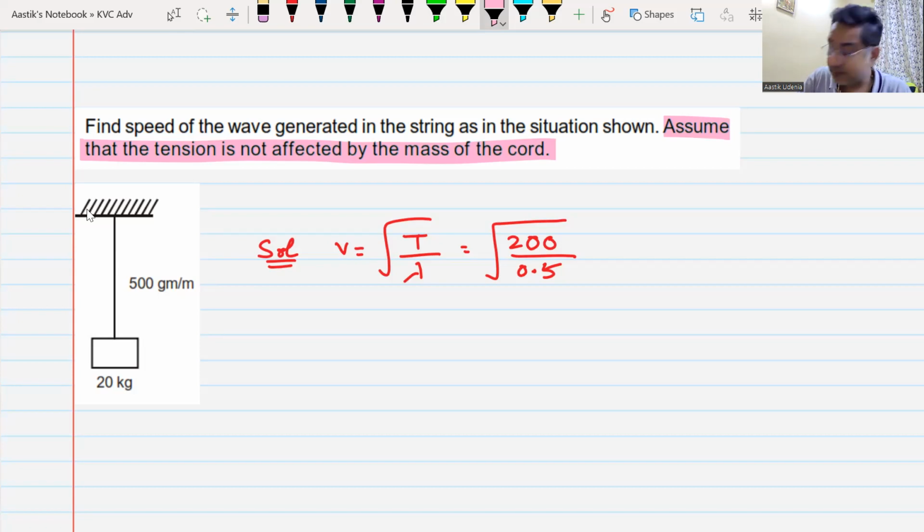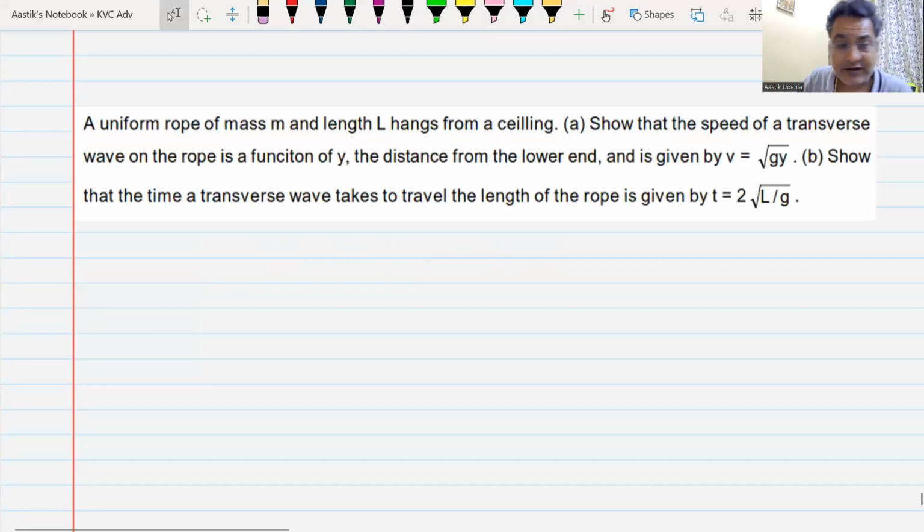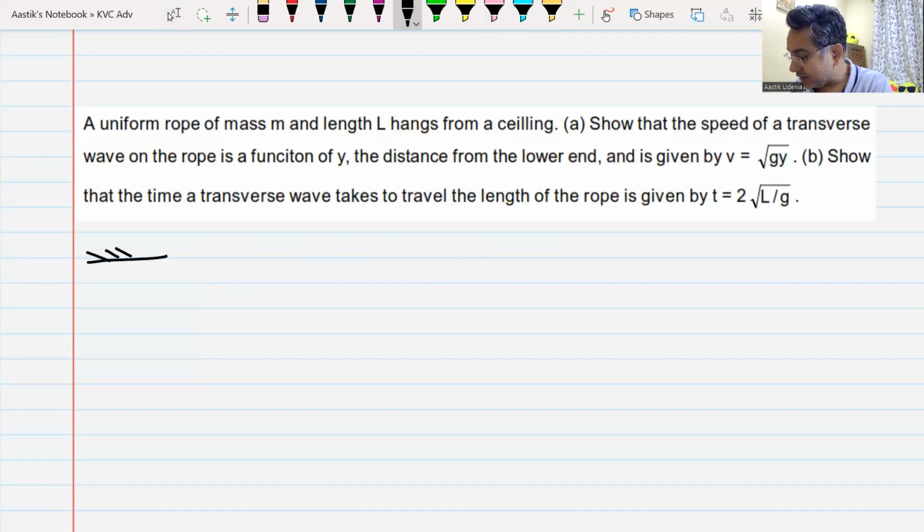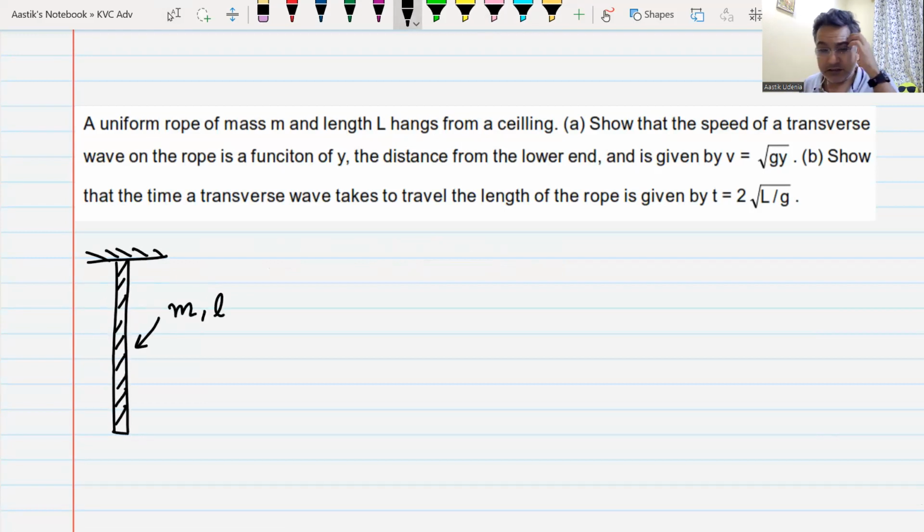But in reality, if you have a cord hanging like this, and this cord or this rope has a mass m and length L, there will be tension in the rope because of the mass itself. Yes or no?